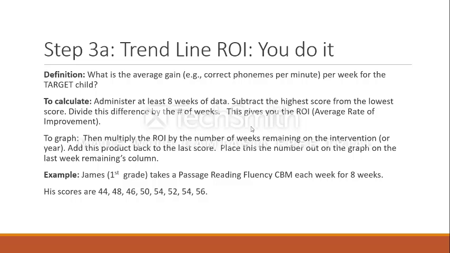So then you would multiply the ROI by the number of weeks remaining. So if you think it's going to be another 10 more weeks, then you would say, all right, he's gained 3 points per week for these previous 10 weeks. For 10 more weeks, we think he's going to probably gain another 3 points per week. For 10 weeks is another 30 points.